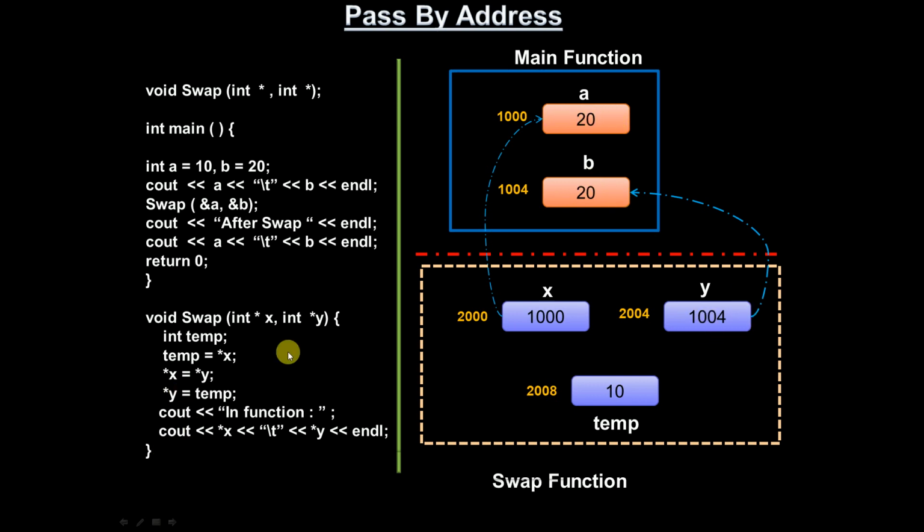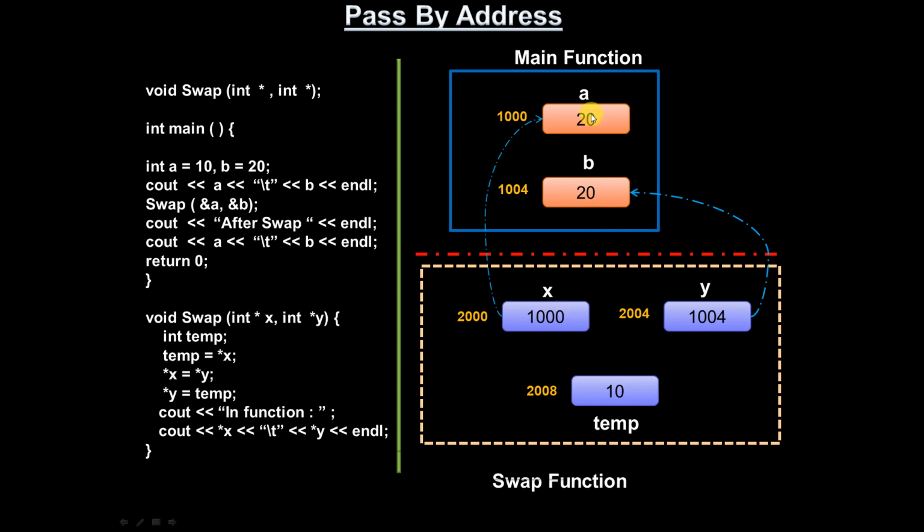So this swap function does not have any visibility to A and B directly. If you want to access A and B, which are present in another stack frame, we need a pointer. Through this pointer we will be able to go to that address, and we are going to do dereferencing. This star means dereferencing. When I say star x, value present at, this is called dereferencing.